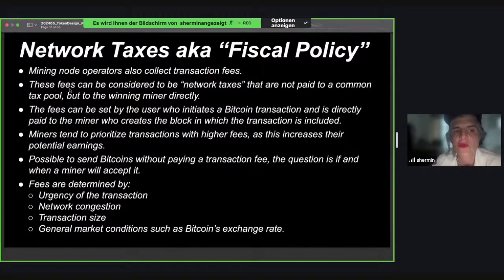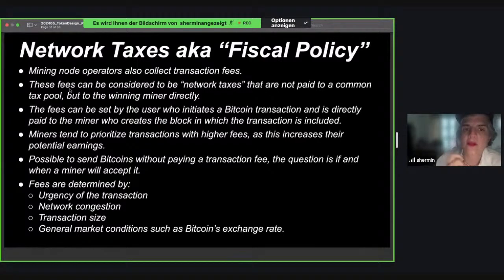The same is true for many DAOs that were created after Bitcoin. But in the Bitcoin network, the payment of taxes is more decentralized, paid directly to the mining node operator who collects the block reward.